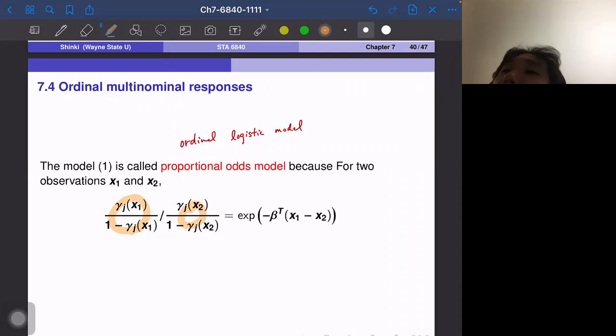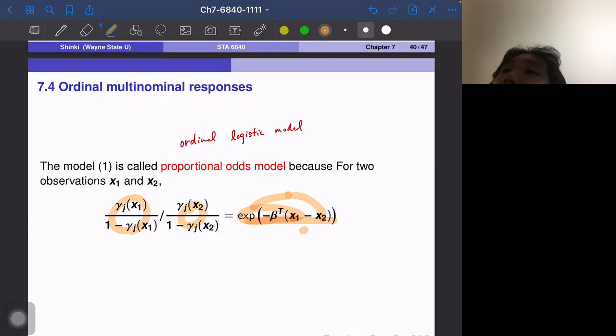These two odds have a relatively simple shape because originally this is the exponential of negative beta transpose x1. If we take the difference between the two terms, the one for x1 and the other for x2, then we can combine them because this is an exponential function.